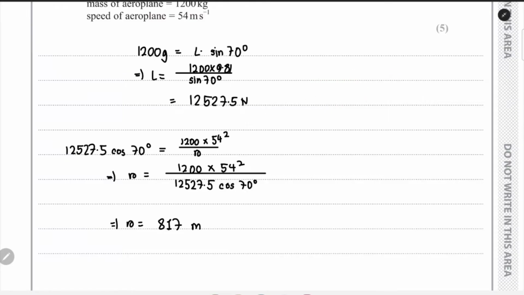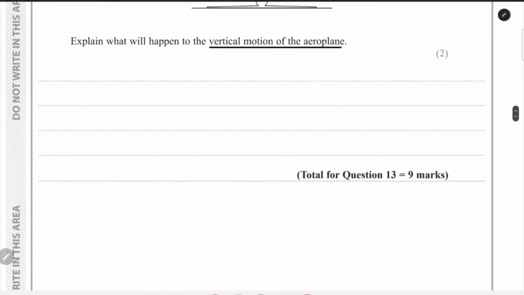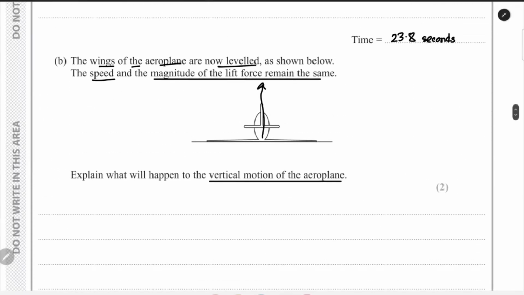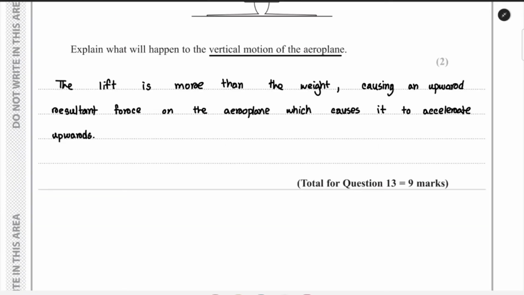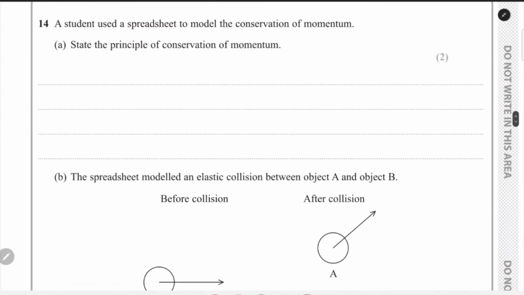So now the weight is less than the lift, so the upward force is more than the downward force. So there will be a resultant upward force causing the plane to accelerate upwards. So this is how we write it down: the lift is more than the weight, causing an upward resultant force which causes it to accelerate upwards.